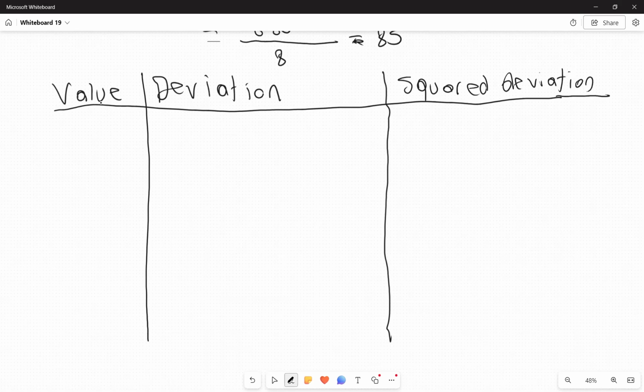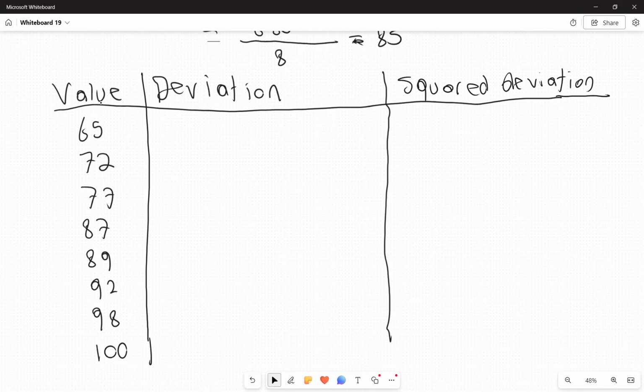The values are 65, 72, 77, 87, 89, 92, 98, and 100.